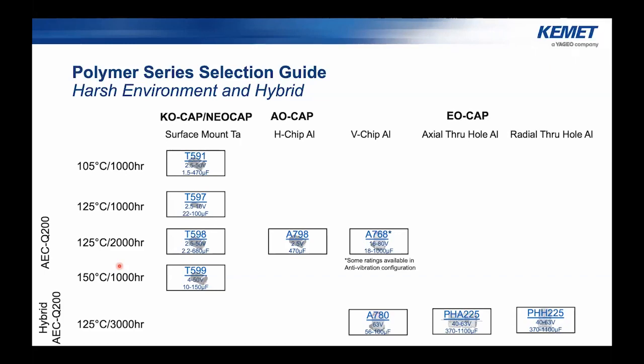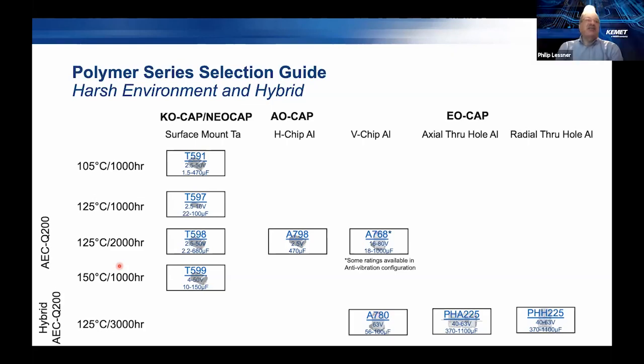Yeah, we've entered the reliability portion of the Q&A session. So is the expected lifetime for polymers when it comes to temperature and ripple current similar to that of wet electrolytes? Yes, it depends on the wet electrolytic.